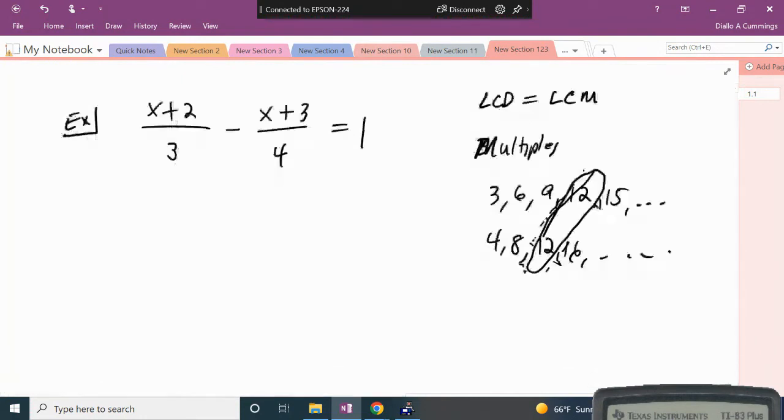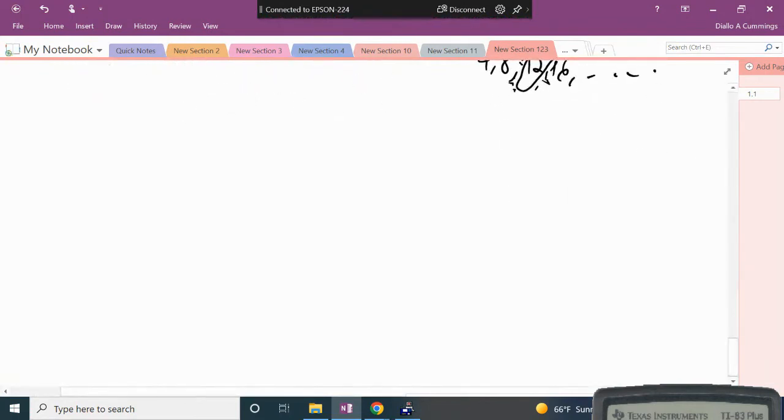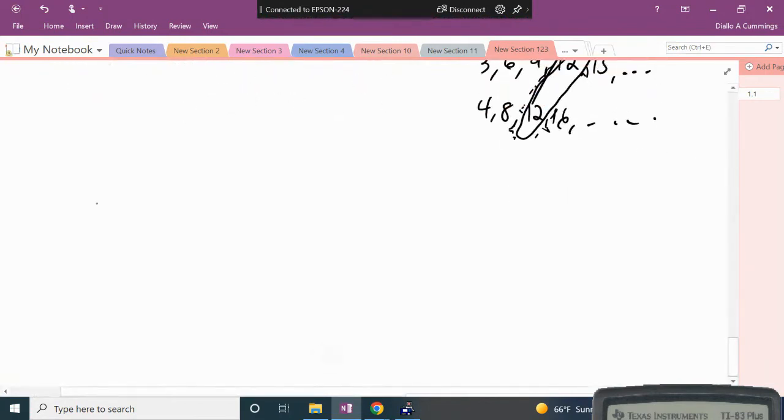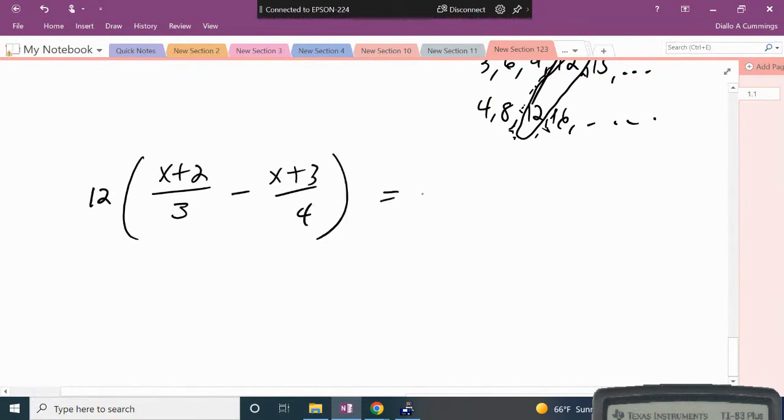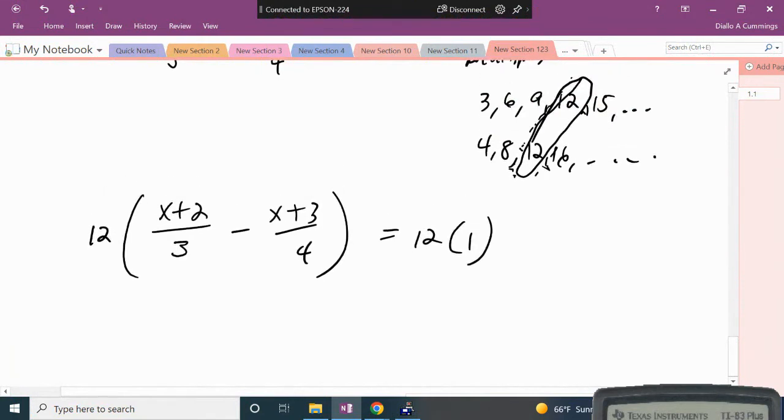All right, so we want to multiply both sides by 12. I'm going to multiply the left-hand side by 12, and the right-hand side by 12. Multiplying by the least common denominator or the least common multiple should clear our fraction.